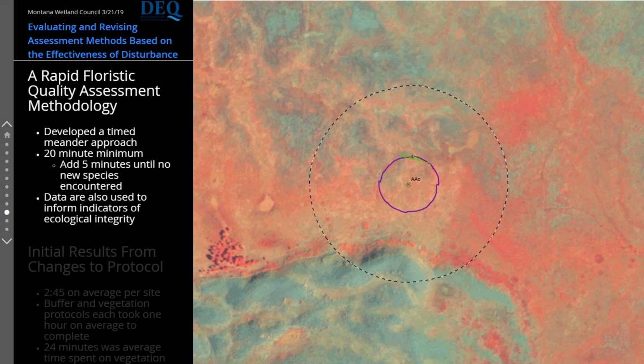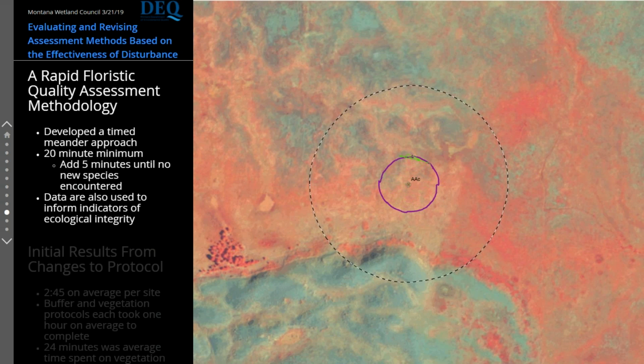So you can keep adding 5 minutes to this base 20-minute timed meander until you're essentially not seeing 3 or more new species. After they have completed the presence of all species in the plot, they then record the percent cover of each species, and then the cover class.